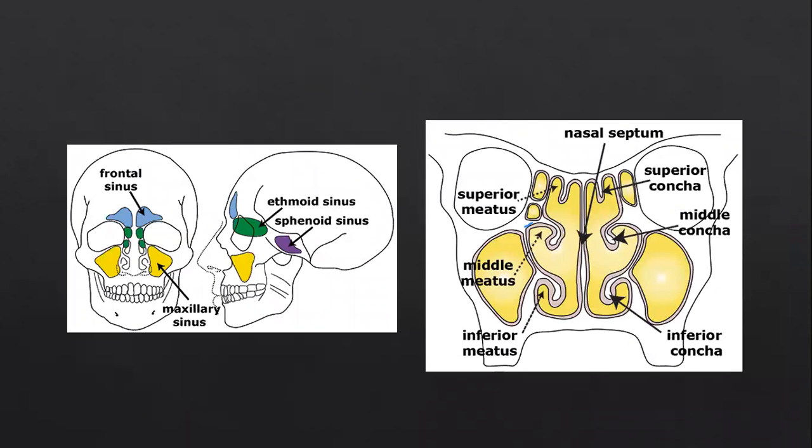So the nasal passages are lined by the paranasal sinuses. You've got the ethmoidal air cells, the frontal sinuses, the maxillary sinuses, and the sphenoid sinus right at the back. All of these sinuses produce mucus, which once secreted will eventually find its way into the nasal passage.